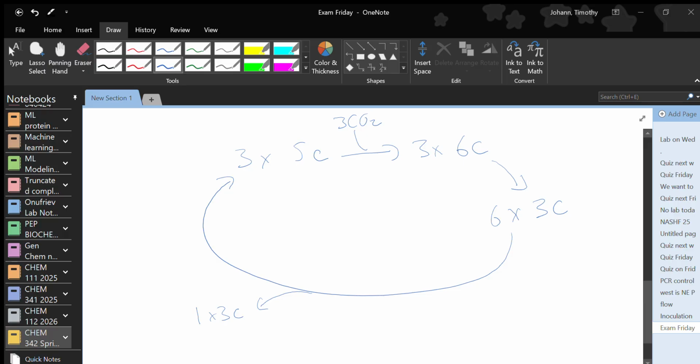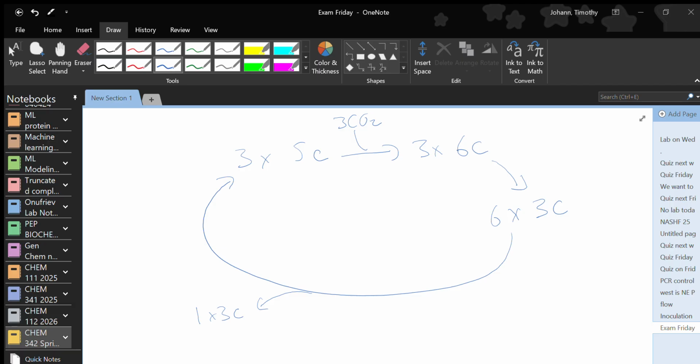So for every Calvin cycle, you're going to take 3 CO2 and turn them into a glyceraldehyde 3-phosphate, right? This is the process. You start with these 5-carbon molecules. You add carbon dioxide to make these 3 things 6 carbons long.